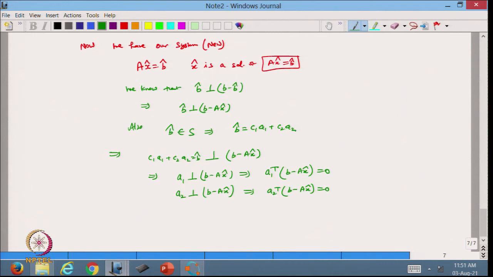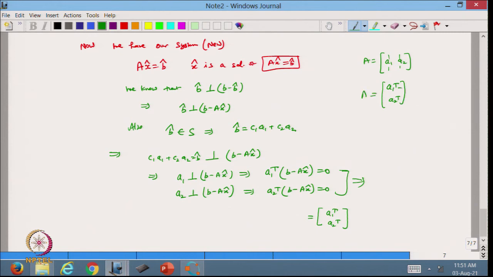Okay, so from these two equations, my matrix A is made of the column vectors A1 and A2, and I have A1 transpose and A2 transpose as row vectors.